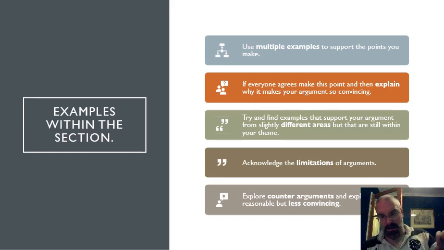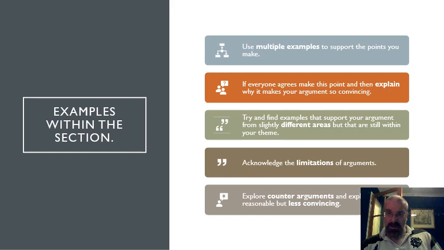However, there's just this little area that we don't have enough detail on, or the argument is really strong in all of these areas, but it isn't quite so strong in this area. Acknowledging the limitations of your arguments gives you a lot to write about. Now, what you mustn't do is obviously say that those limitations mean your initial argument is useless. If that's the case, you shouldn't use that initial argument.